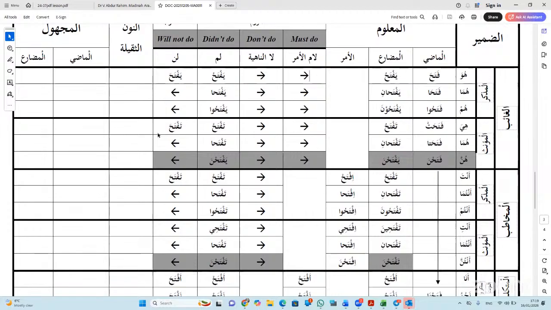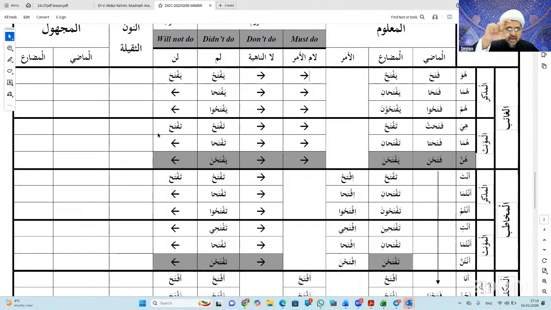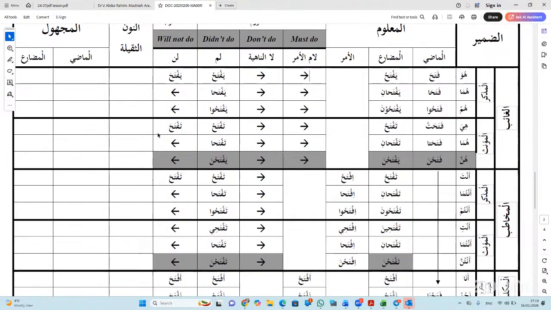So jalasto alal kursi, the ya should get a kasra. Like bismillah. Ba is also a particle which gives the noun after it a kasra. Is it bismullah or bismillah? It's bismillah, because of ba.